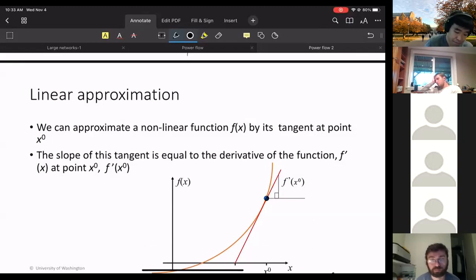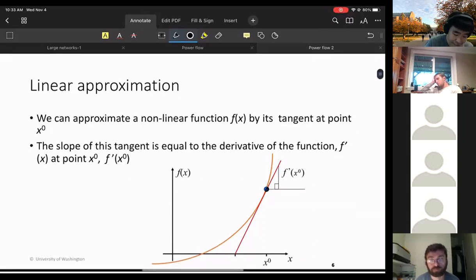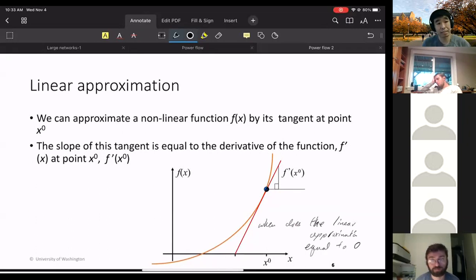Then instead of solving the nonlinear equation, we can ask, when does the linear approximation equal 0? Okay, we can ask this question. We cannot solve the nonlinear equation. We guess a point, and most of the time you won't be very lucky, so you don't guess correctly.